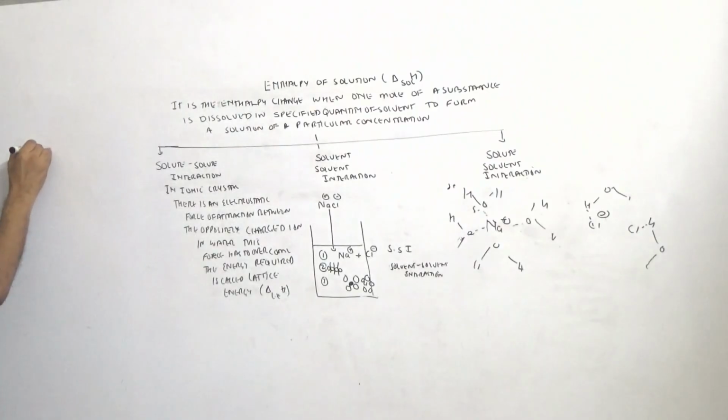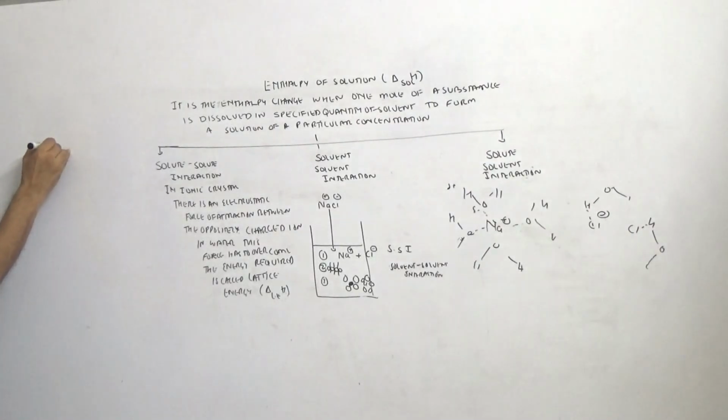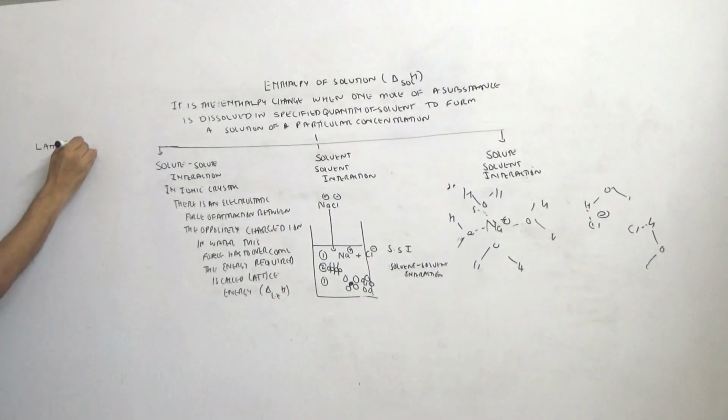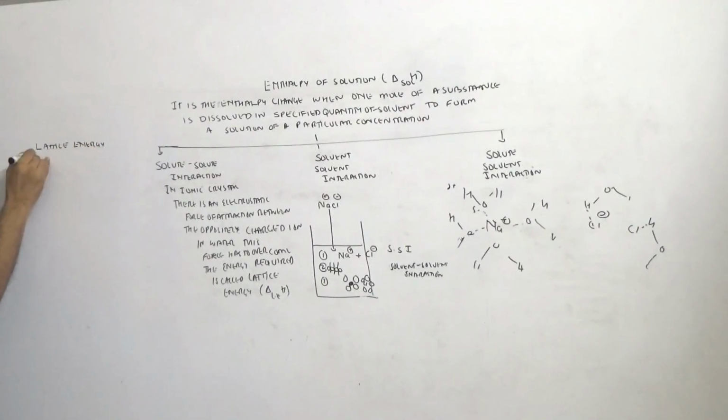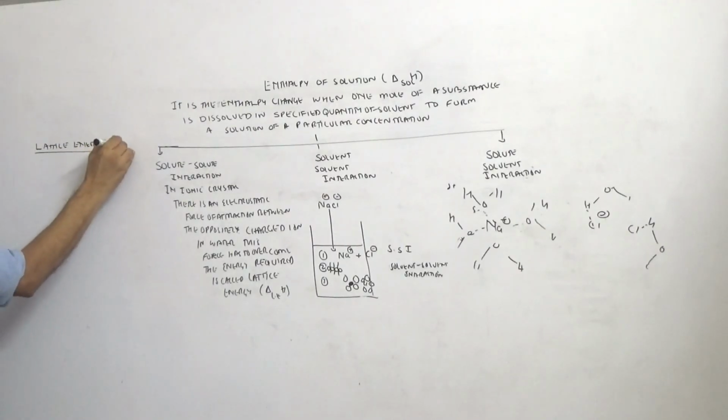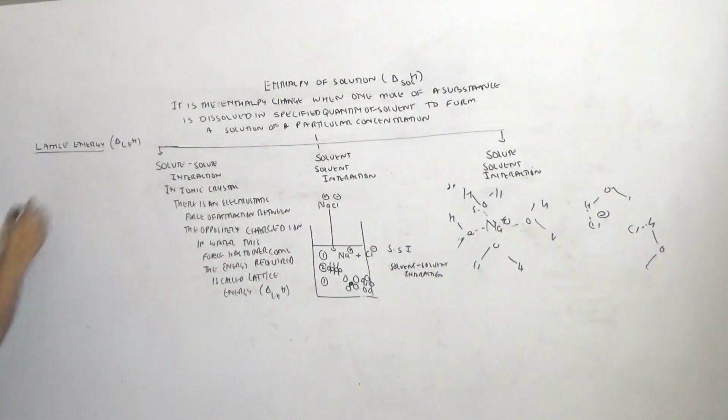So lattice energy is defined as, delta lattice energy H. It is defined as what?